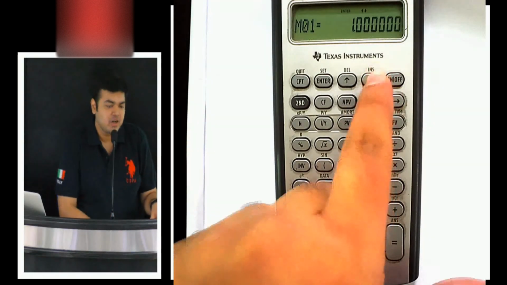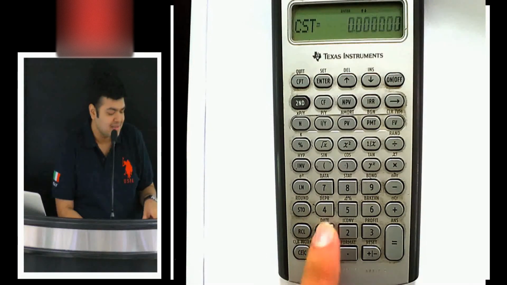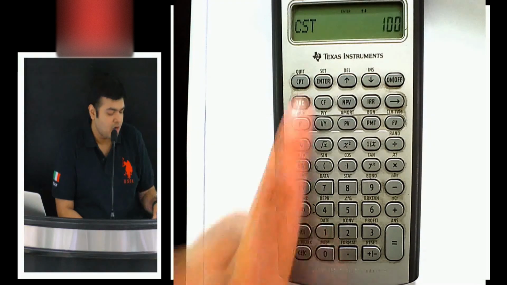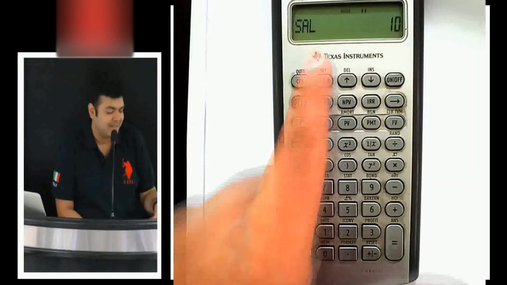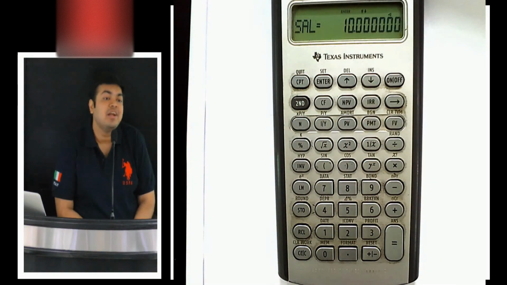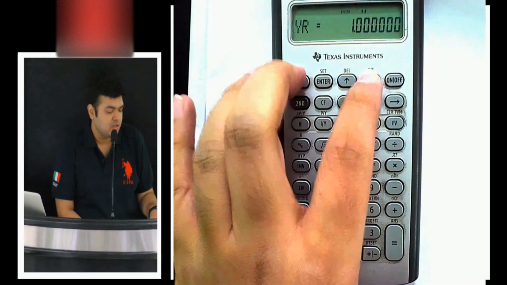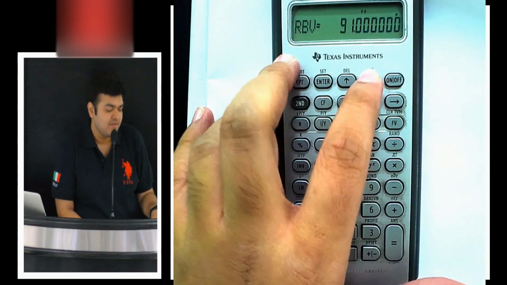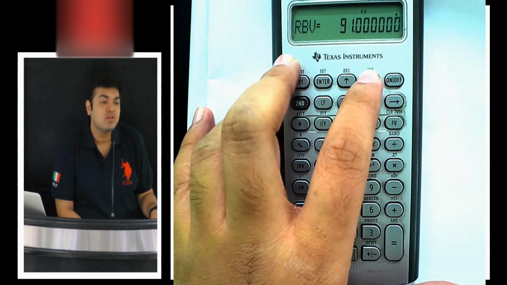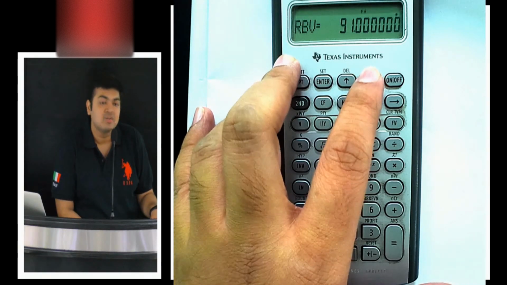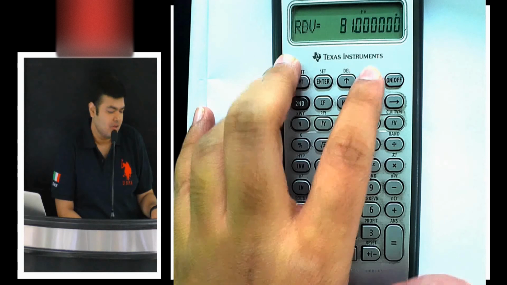I will depreciate it from the first month itself. The cost of the asset is, let's say, 100, enter. The salvage value is 10, enter. So that means I'm depreciating over 10 years. In year 1, the depreciation is 9. The remaining book value is equal to 91, that is, 100 minus 9.